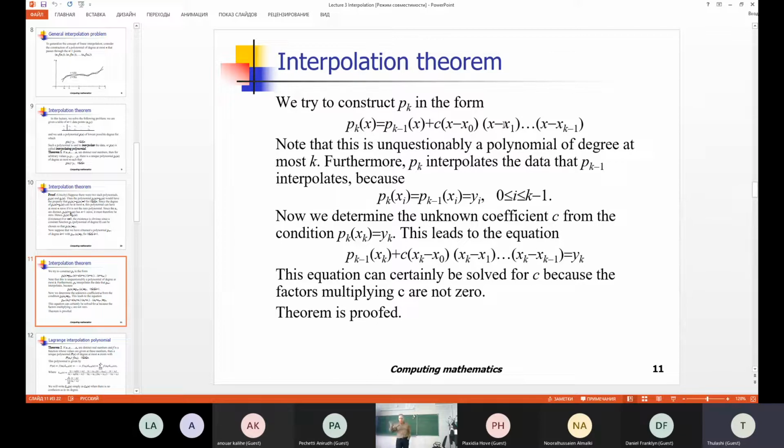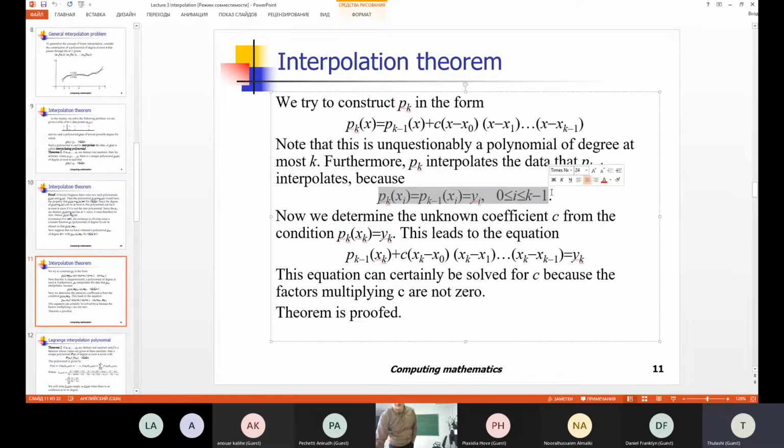And actually, this formula is written just in short form. It means that the polynomial Pk, a polynomial of degree k, interpolates the data that P_{k-1} interpolates, because the values of the polynomials are the same at the points, since it equals plus 0.